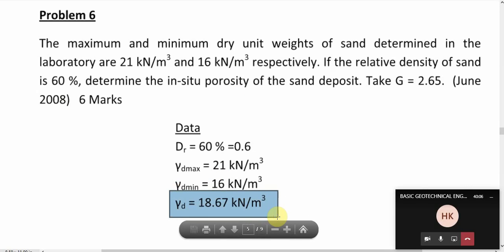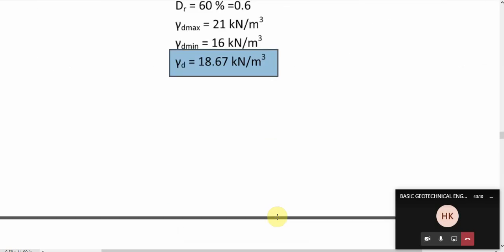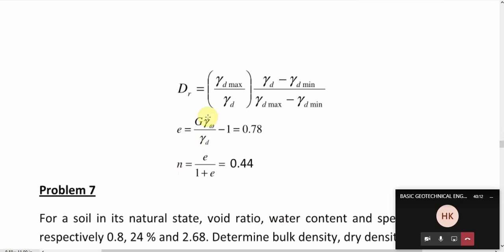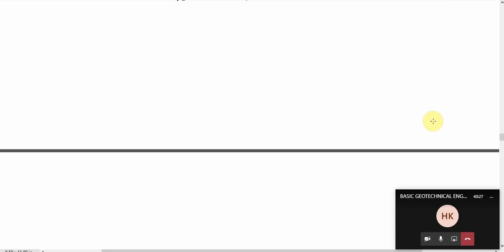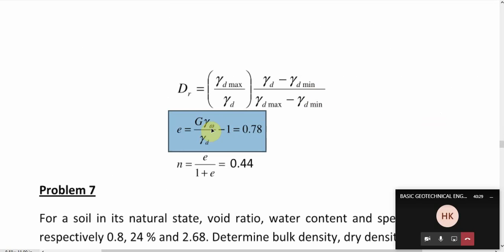After you get this value, substitute this value of gamma D in this expression or formula. In this formula, G is given. The value of G is 2.65, and gamma W is constant.